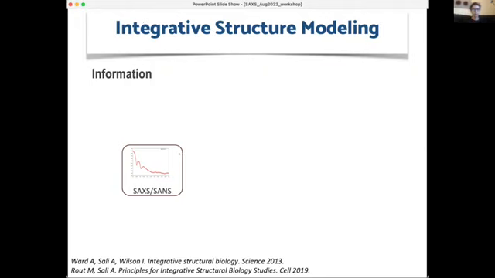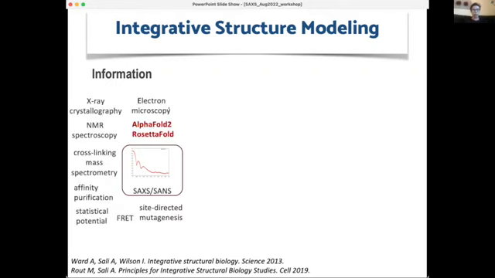In principle, we want to use information which can be of any type. Today, we mostly focus on SAXS data, but it can obviously be structures which we will use. It can be structures coming from AlphaFold or ZetaFold or new accurate modeling programs.